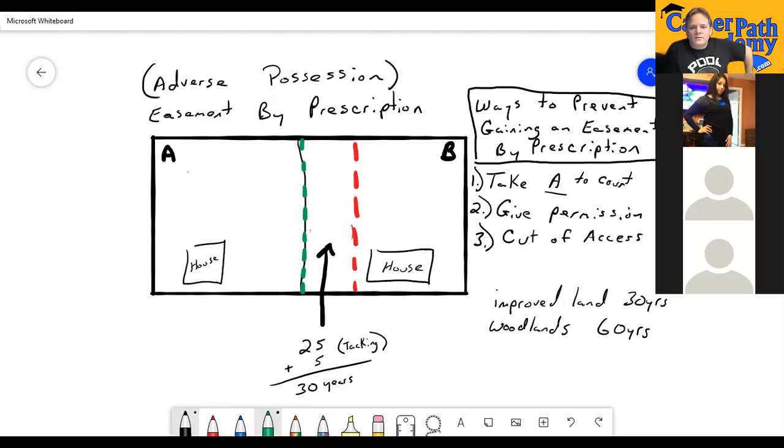The new buyers have to allow you to use that land? Who just bought their property? Tracy, you sold your property or your neighbor sold it?